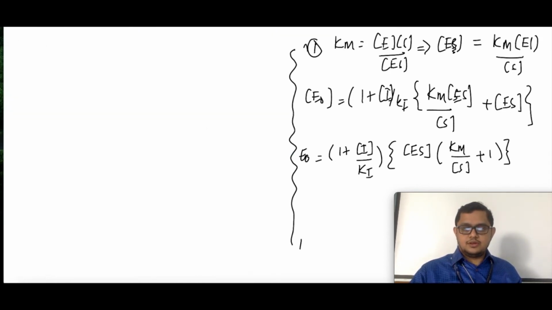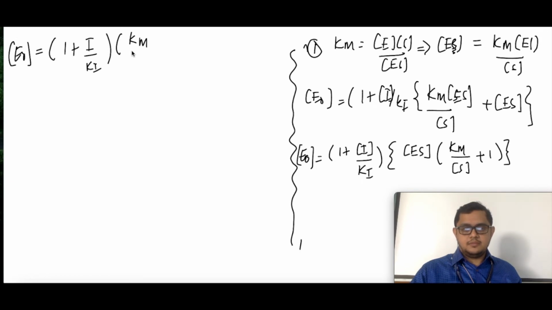So just to continue with the simplification, E naught is equal to 1 plus I by Ki into Km divided by S plus 1 into ES.